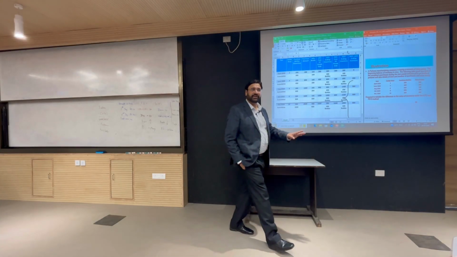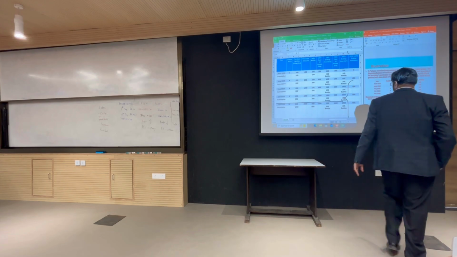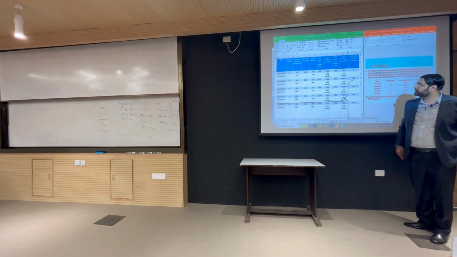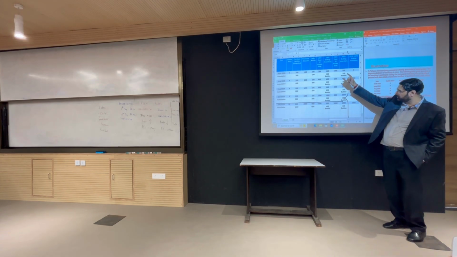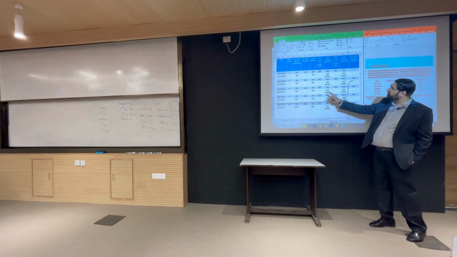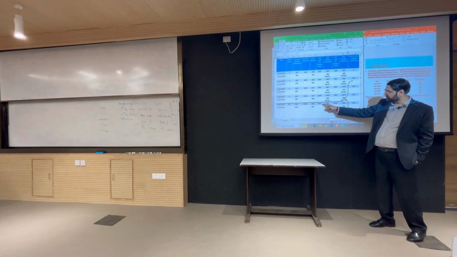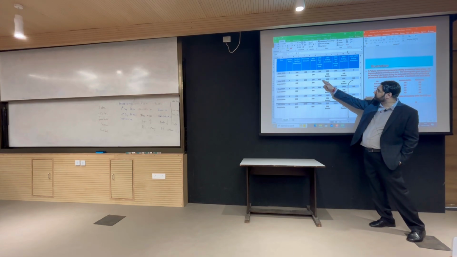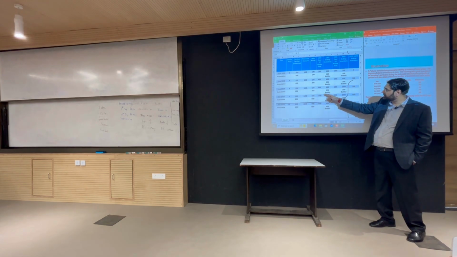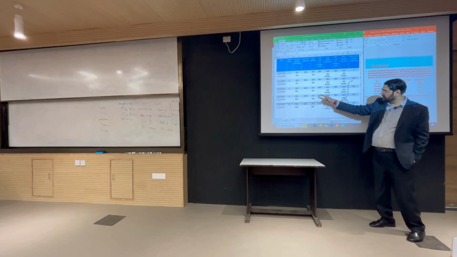So at the end of it, look at what we are getting under LIFO. Under LIFO the cost of goods sold is 3100 plus 1200 plus 900 plus 400 plus 200. 43, 52, 56, 58.